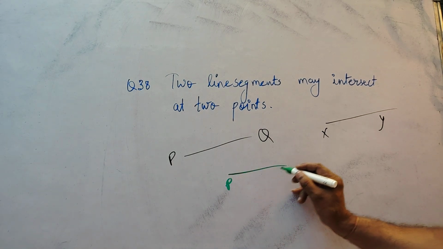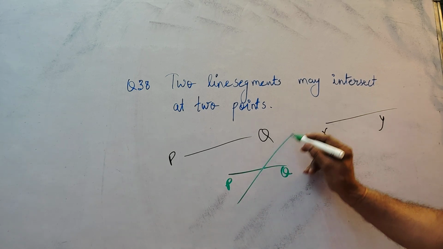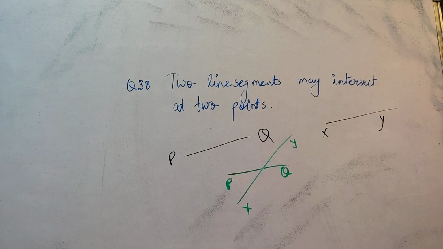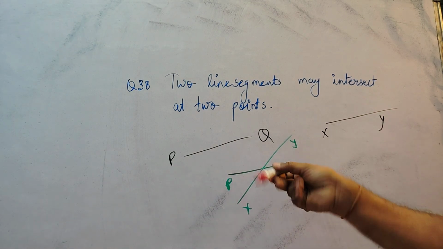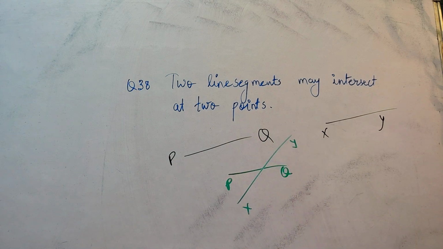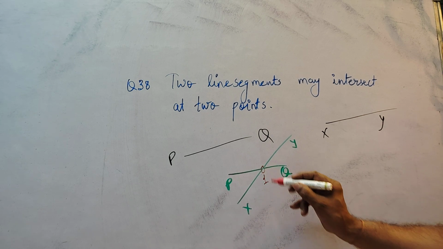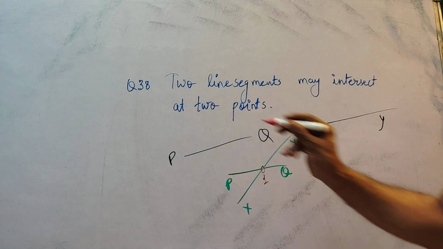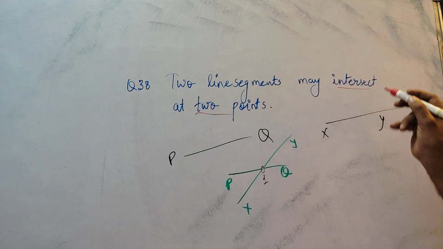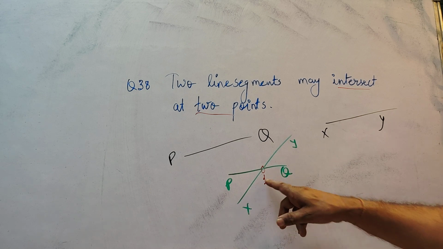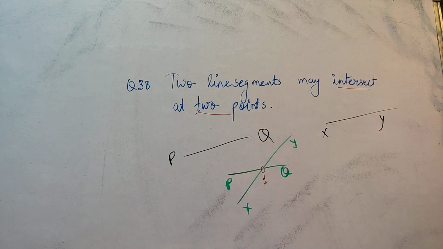Suppose PQ intersects with XY, then how many intersecting points? This is the one intersecting point we obtained. The question is saying there are two intersecting points. If two line segments intersect, then only one intersection point is obtained.